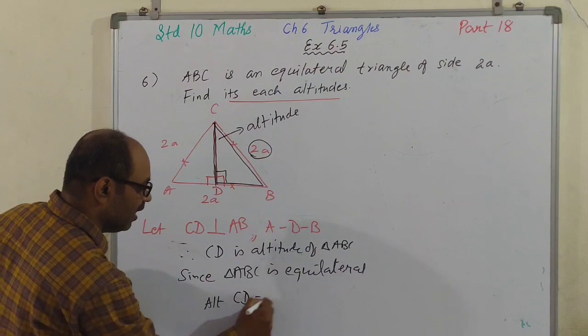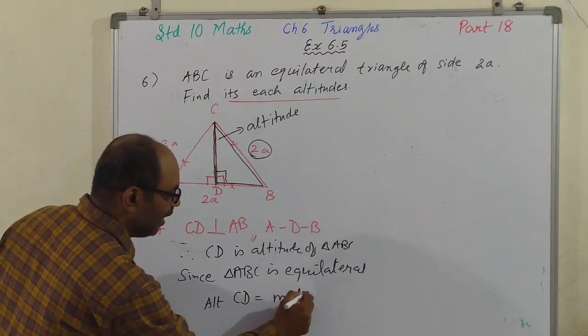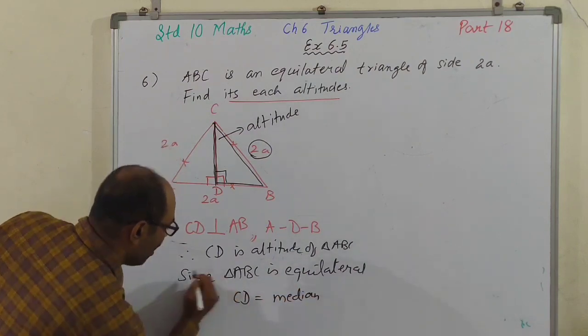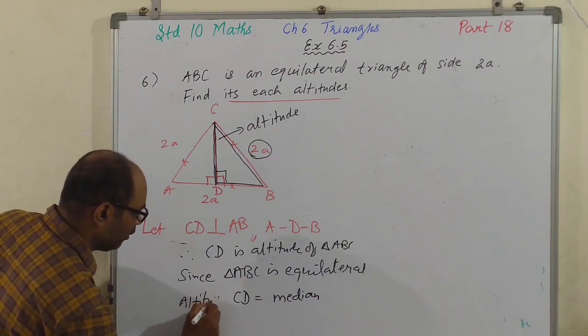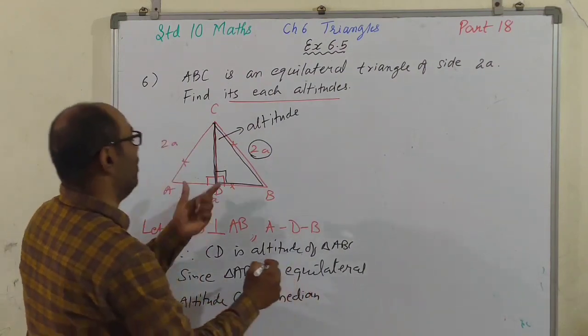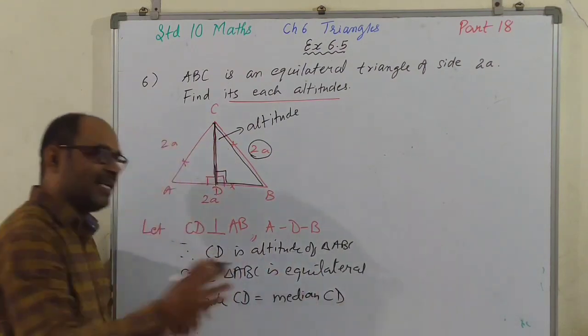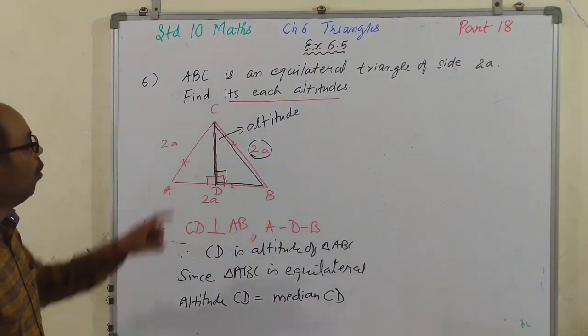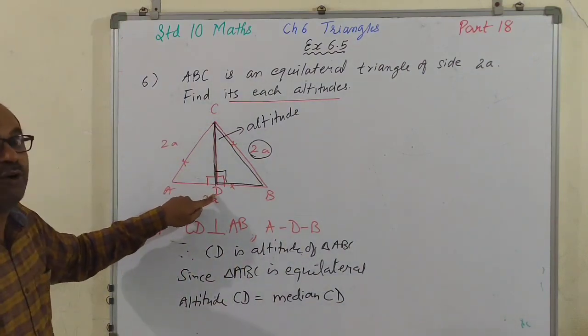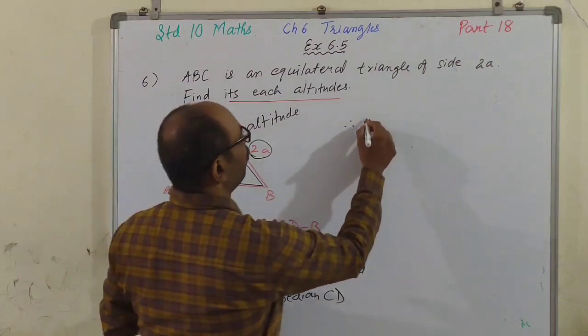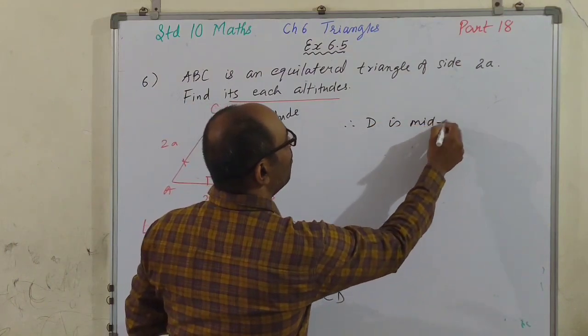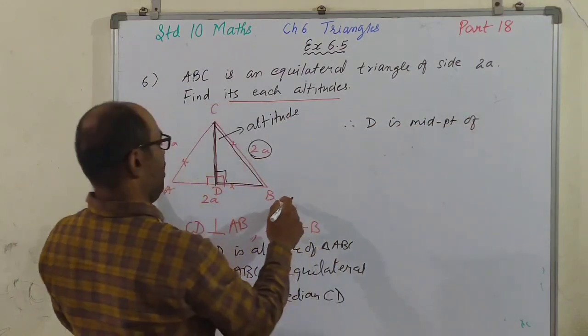Altitude CD is equal to median. यहाँ पूरा वर्ड ही लिख देते हैं. Altitude CD is equal to median CD. दोनों एक ही है. Correct? Oh, CD is median. Therefore, D is midpoint. Therefore, D is midpoint of AB.